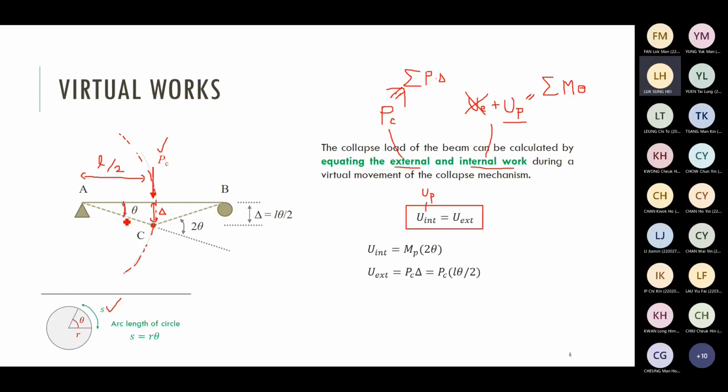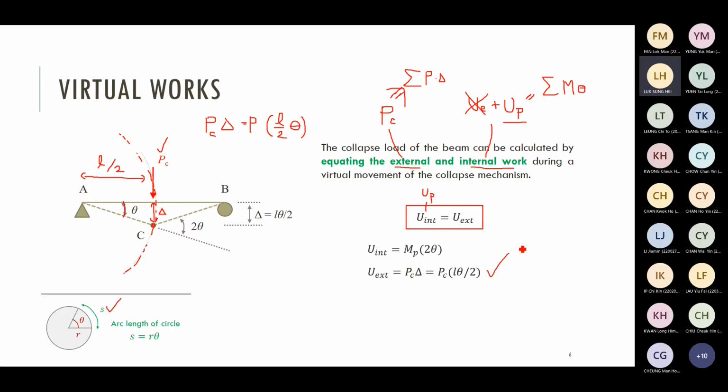I don't know the exact value, so I simply let this angle equal theta. You don't need to know the exact value; you just let a symbol stand for it. So the work done due to the force is equal to P times delta, and delta is equal to L over 2 times theta.